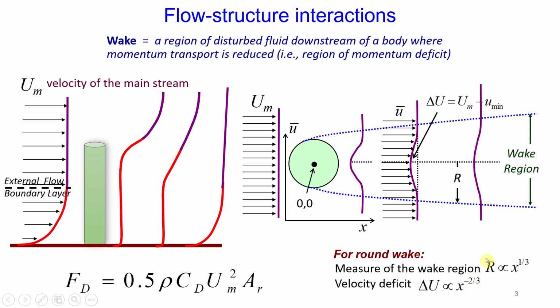One is the wake region, which I defined here with capital letter R, which is half of the width of the wake region, and it is found that this R is proportional to the longitudinal coordinate to the power 1/3.